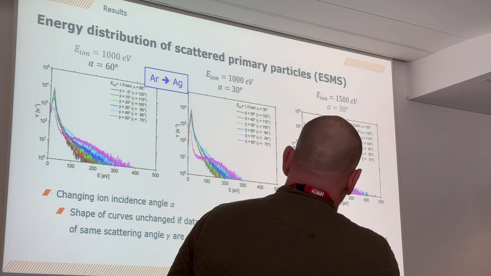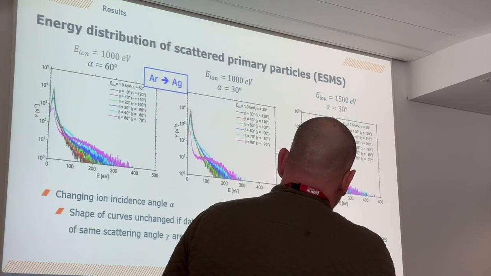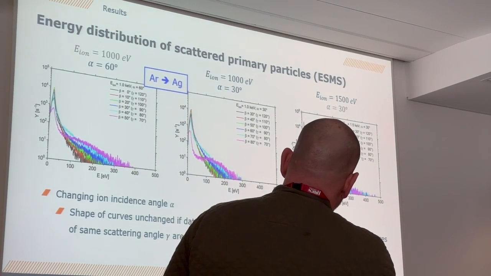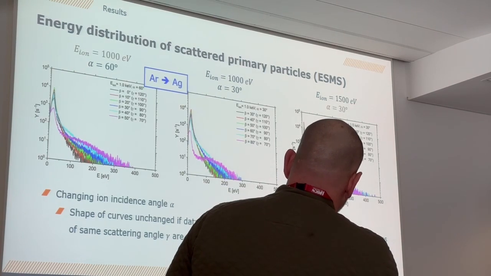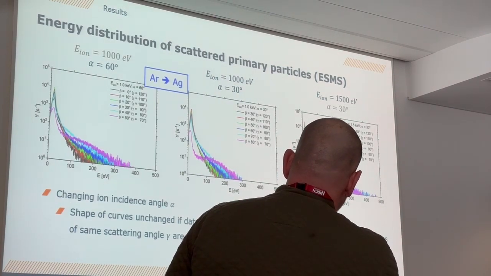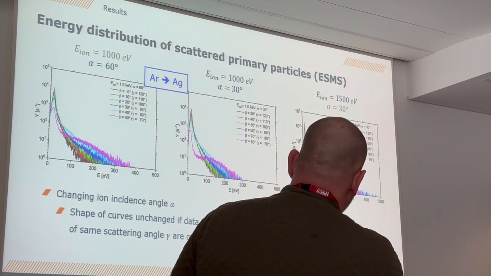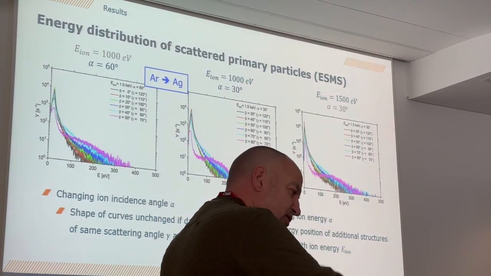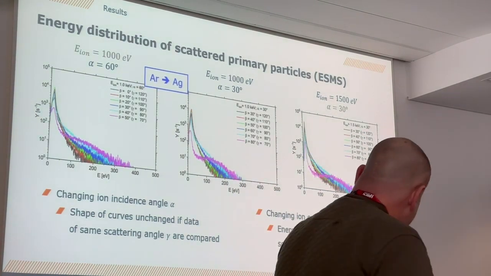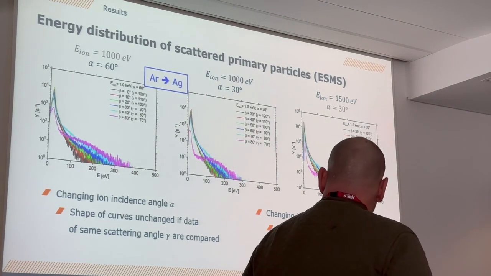If you increase the ion energy, you get the same shape, but the tail, not the low energy maximum, extends to higher energy, and this fits our formula because the target particle energy should scale with the ion energy.